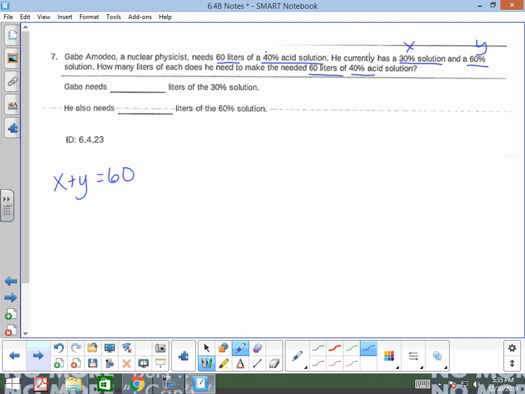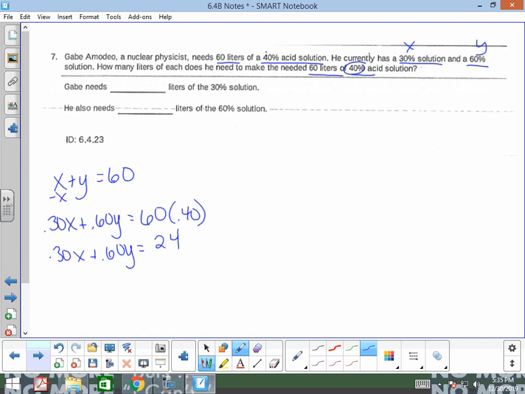All right, so now 30% of the x solution plus 0.60 of the y solution is equal to 40% of the 60. So that's 0.30x plus 0.60y equals, multiply these and you get 24.